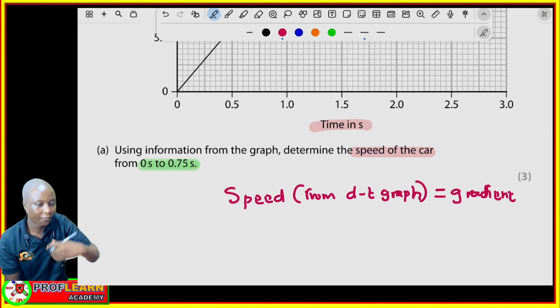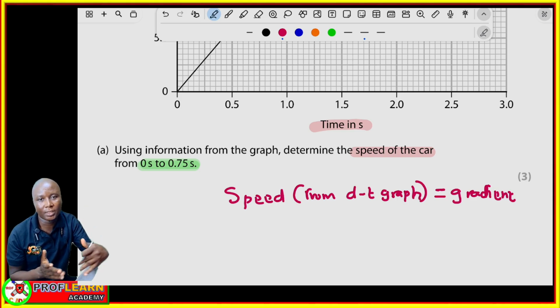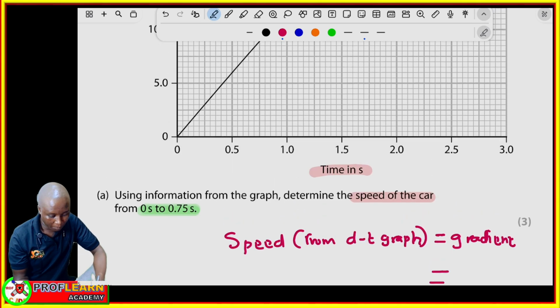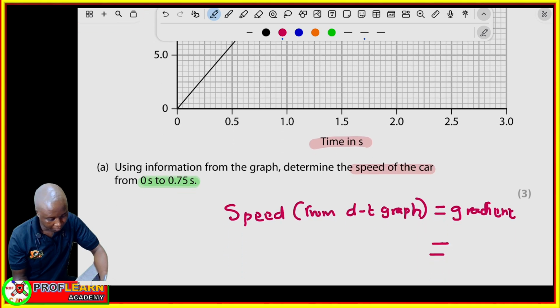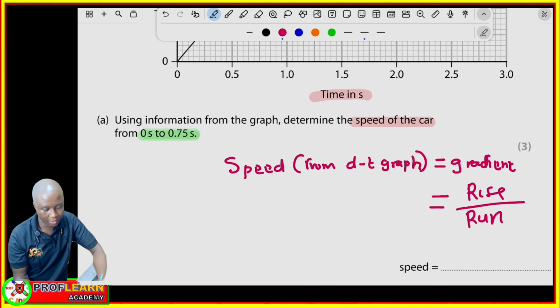As I said in the previous video, if you are asked what the gradient of a velocity time graph represents, it represents acceleration, and the area under a velocity time graph represents distance traveled. Gradient is usually rise over run, isn't it?